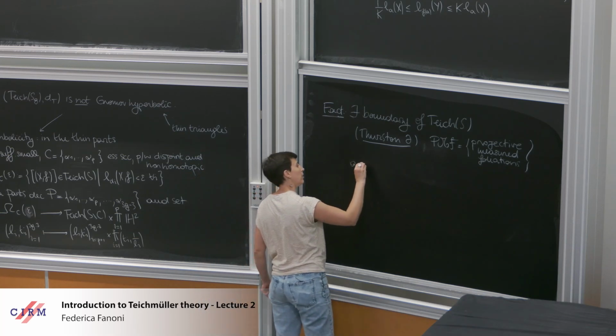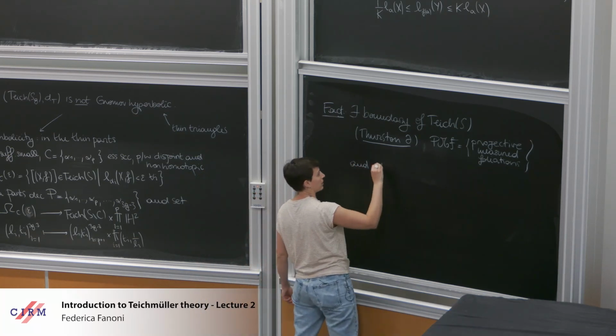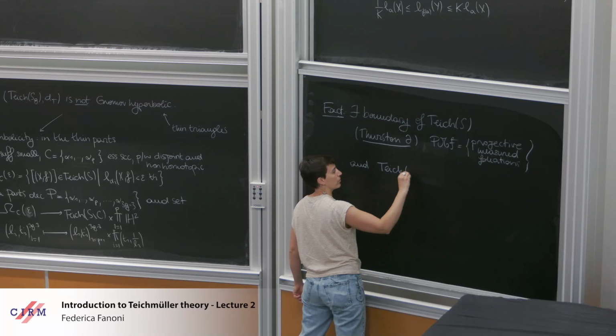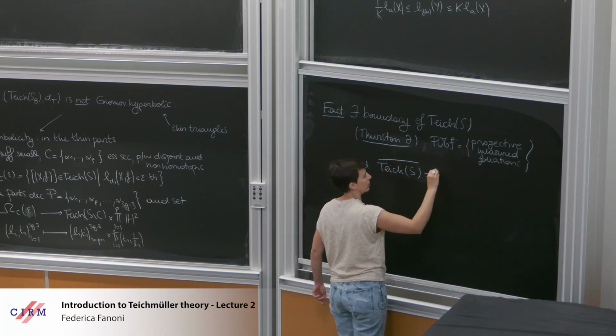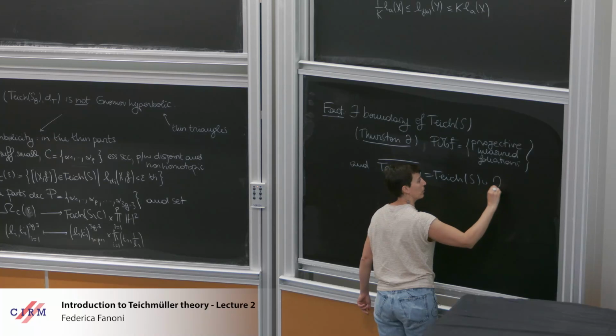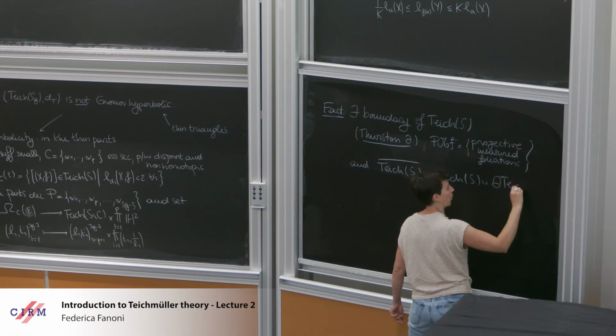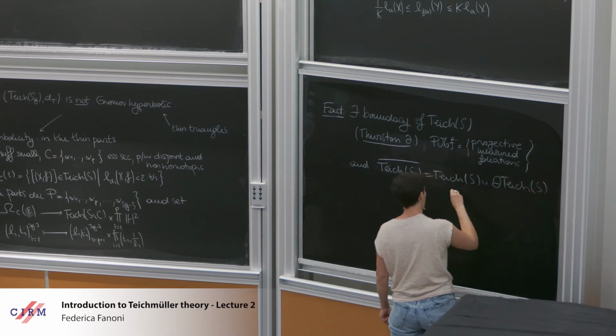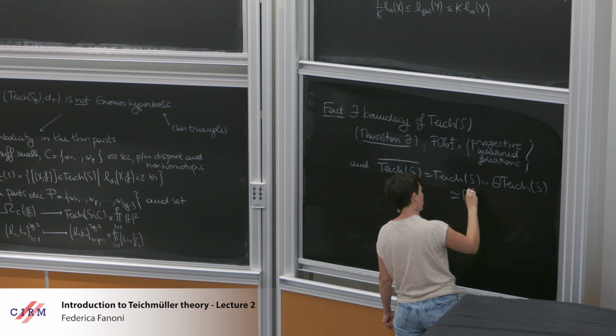And then with this, the closure of Teichmüller space, meaning this union the boundary, is topologically a ball of the right dimension.